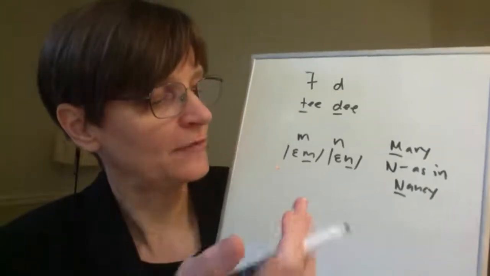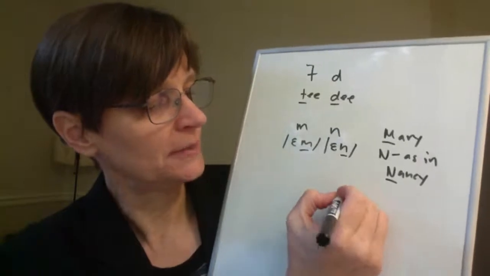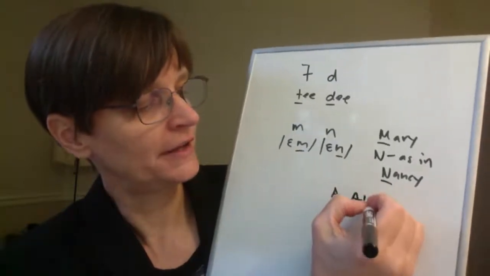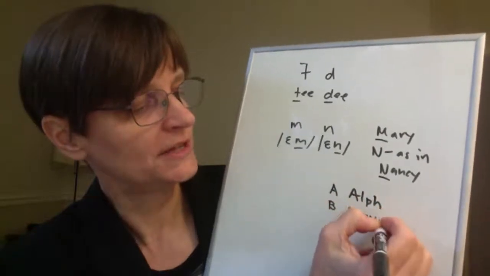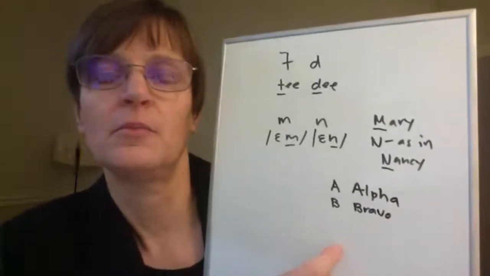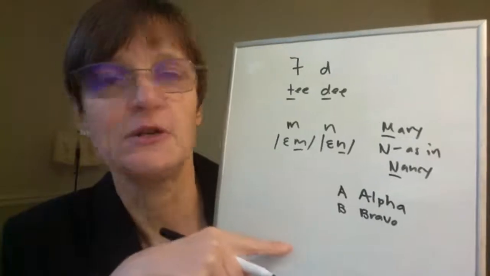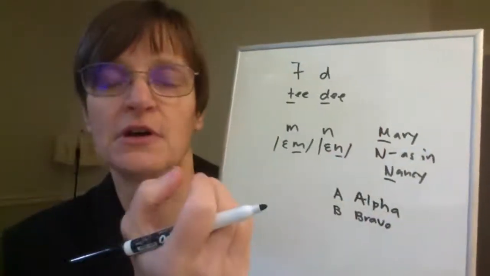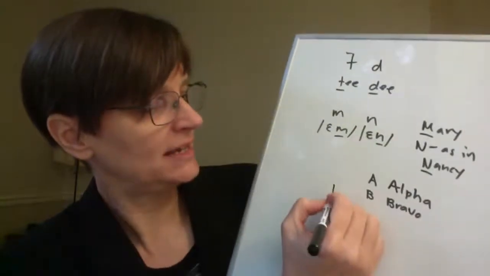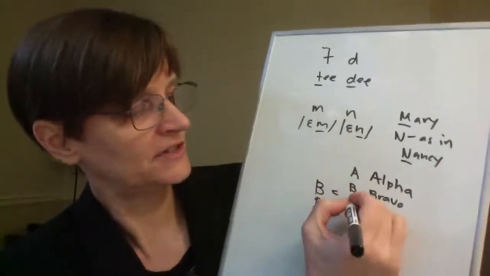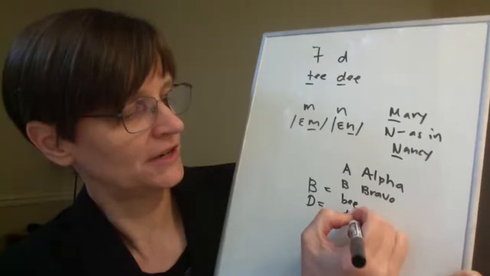I do have people who sometimes will use A as in alpha, B as in Bravo, which is the military code. But I would say that's less commonly used than using names or like, for example, for D and B. Those are very similar, B and D, hard to hear the difference.